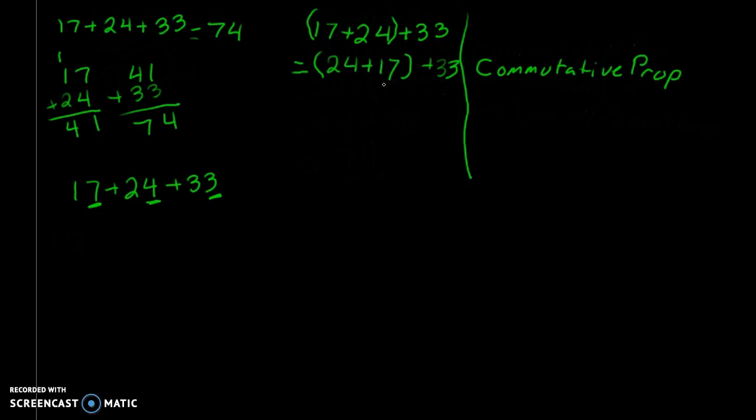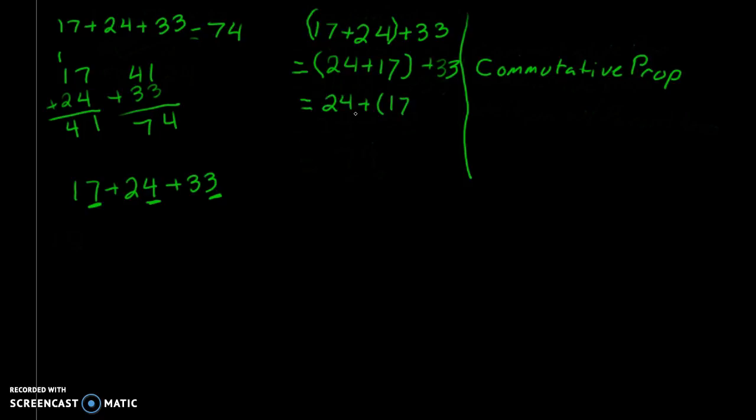Now, we have 17 next to 33, so we can add those two together. But the thing is, our focus is still just on these two numbers. Naturally, we would add the first two numbers first. But now, we know we want to add this 17 and this 33. So we're just going to shift the focus down to these two numbers, and we show that our focus is shifted by using parentheses.